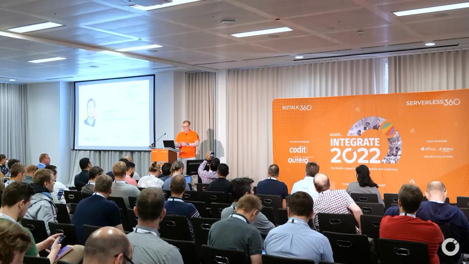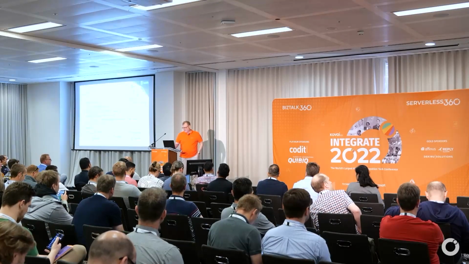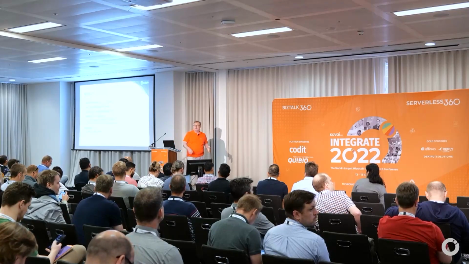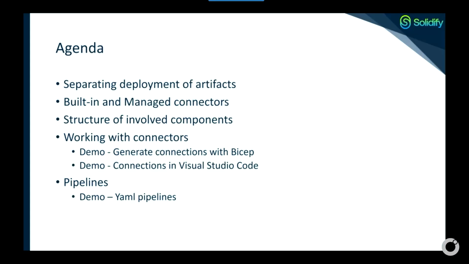Samuel Kastberg, talking about the lifecycle of Logic App Standard. So what we're going to talk about today is, we're going to start by looking into separating your deployment artifacts. Then we will look a little bit at the built-in and managed connectors, and then the structure of the things that I will demo.